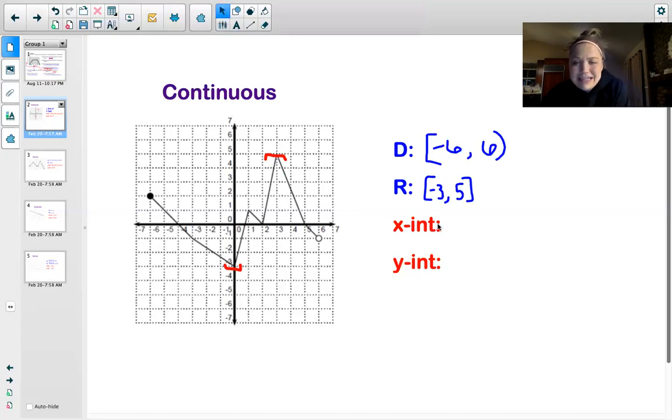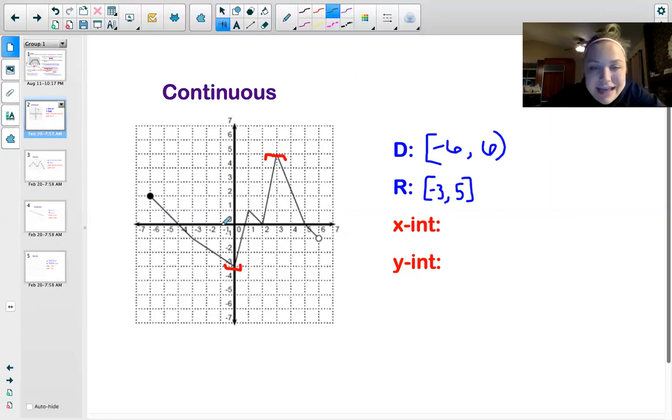Now let's talk about the x-intercept and the y-intercept. So on this graph, I'll mark these in green. Here's the x-axis, and this thing crosses the x-axis 1, 2, 3, 4 times. That means I'm going to have 4 x-intercepts. This first x-intercept is at -4, 0. This one right here, I'd have to guess, it's probably like 0.7, 0.